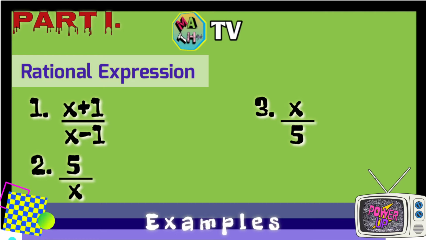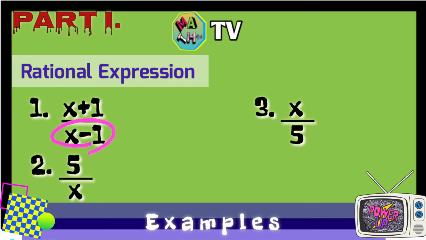The first example is a rational expression because the numerator is a polynomial, so x plus 1 is a polynomial, and the denominator x minus 1 is also a polynomial.